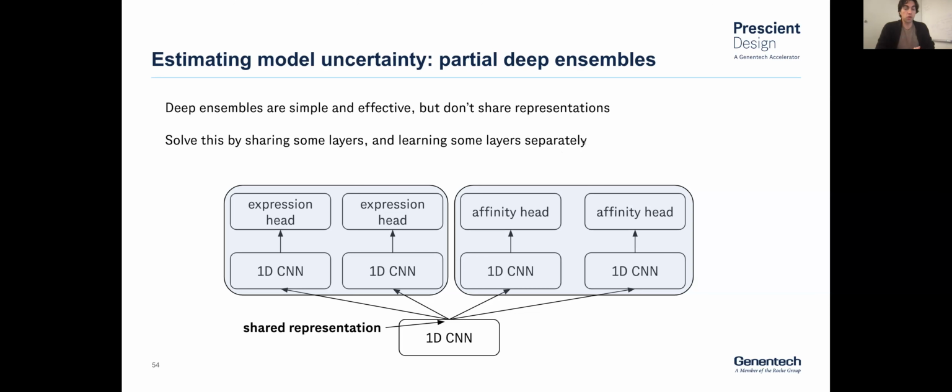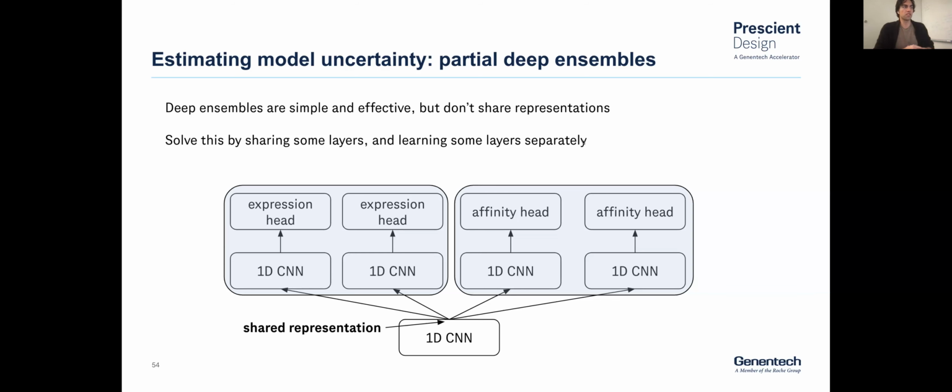Deep ensembles have a great track record, particularly in industry, as being quite robust with respect to both distribution shift and general performance and accuracy. However, the big drawback is that they do not share latent space. Traditionally, deep ensembles are completely independent models, which defeats the purpose of what we've been trying to do with this architecture.